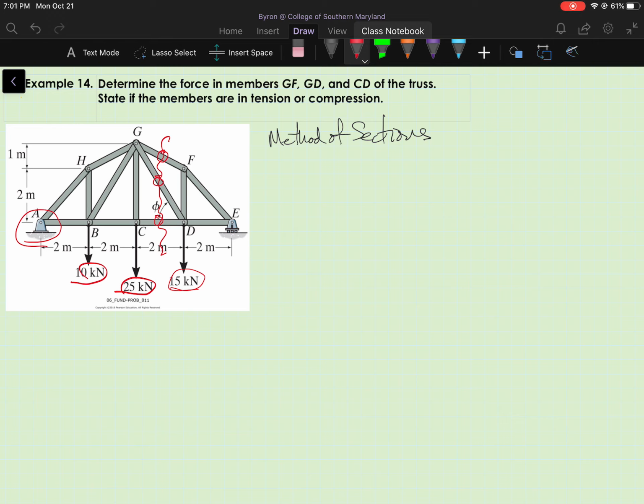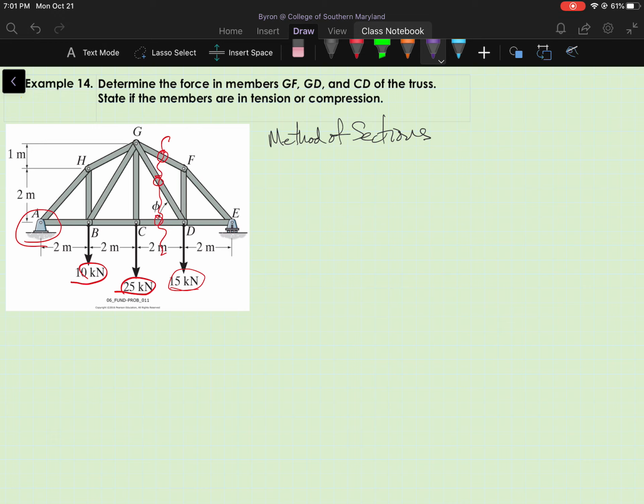Now I'm going to need the reaction force at E when I draw my free body diagram of the right side of the cut. So I'm going to solve for that now. I'm going to take a little shortcut. I'm not going to draw the free body diagram of the entire truss. I'm not going to redraw the truss. It would not come out well on the iPad here. So I'm going to put it in purple here.